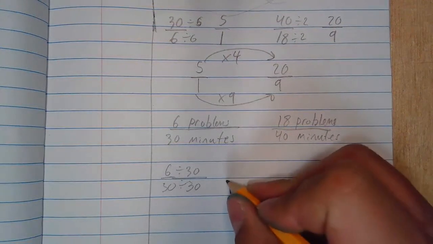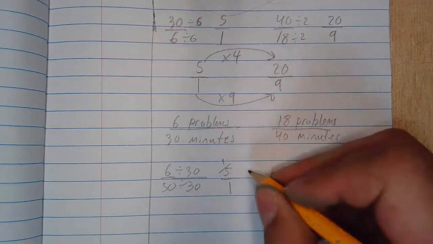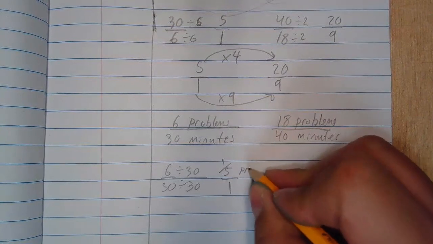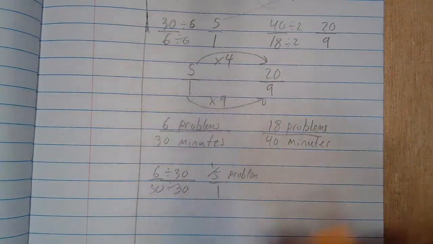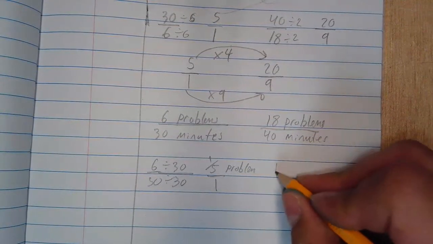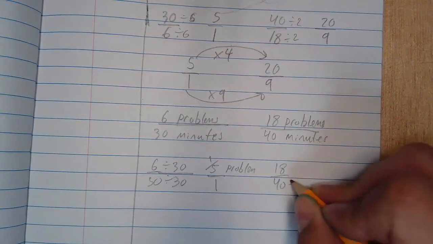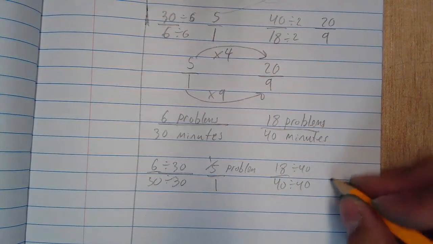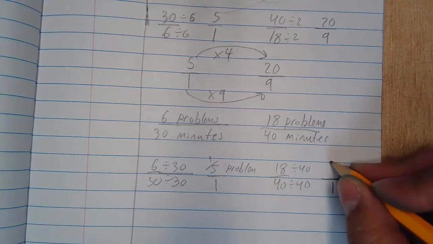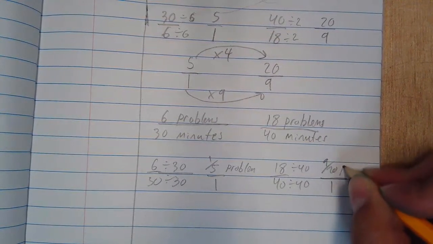You can do 1 and then 1/5 of a problem per minute. Right? And there's another way you can look at this too. There's so many ways to do this. Oh my goodness. 9/20 of a problem per minute.